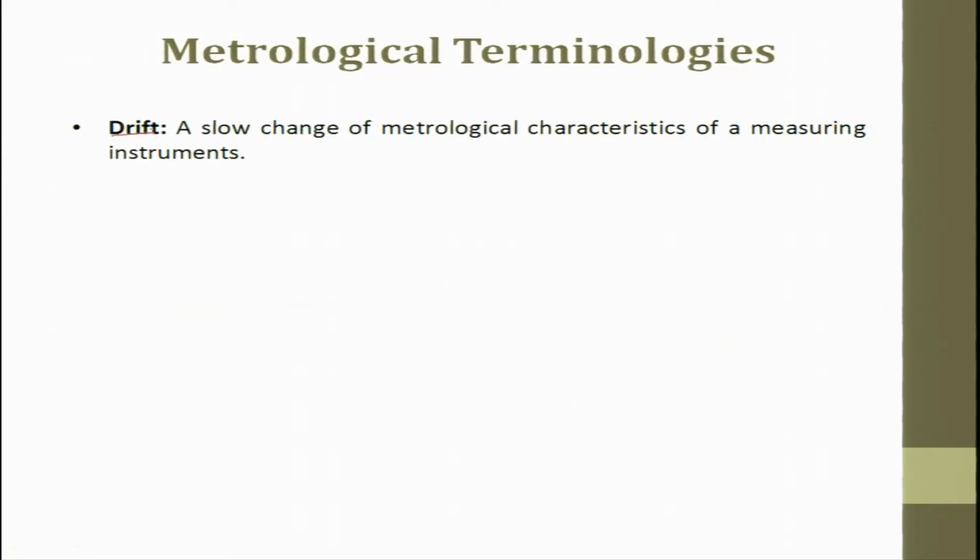Drift. The English word drift itself very clearly says it: a slow change of metrological characteristics of a measuring instrument is nothing but a drift. So, let us take sensor output, and here the measurand.